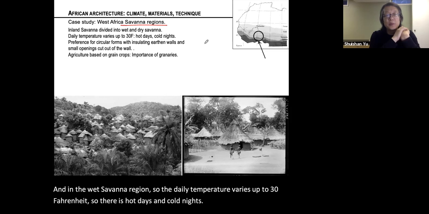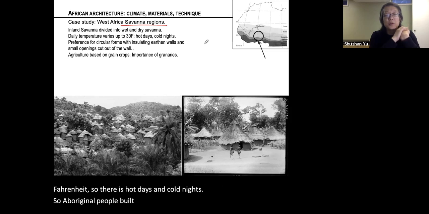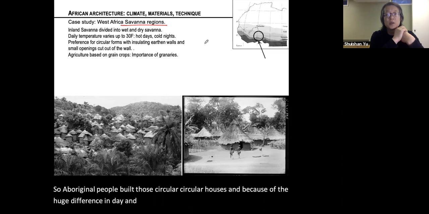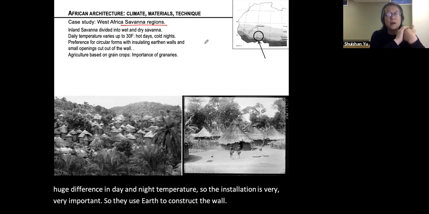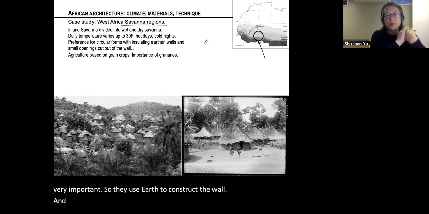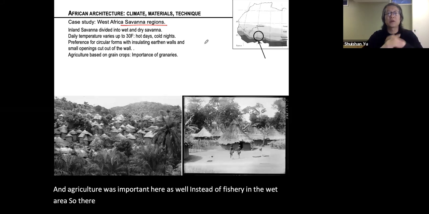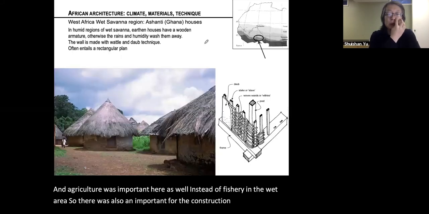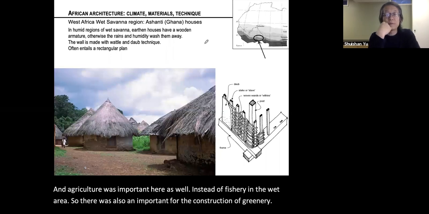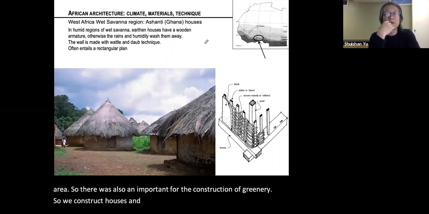So Aboriginal people built those circular houses, and because of the huge difference in day and night temperature, insulation is very important. So they use earth to construct the walls, and agriculture was important here as well, instead of fishery in the wet area. So there was also an importance for the construction of granaries.